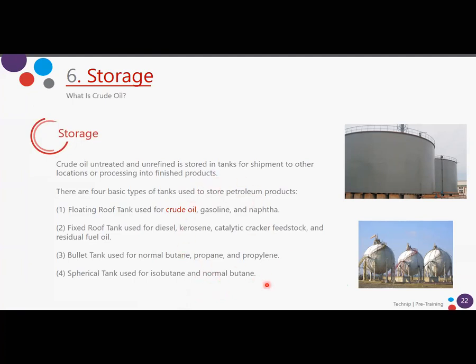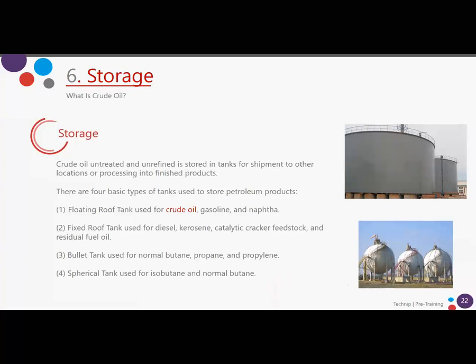This is a specific topic, the storage tanks, but I can tell you that the tanks for a particular fluid are chosen mainly according to the flash point of the substance.